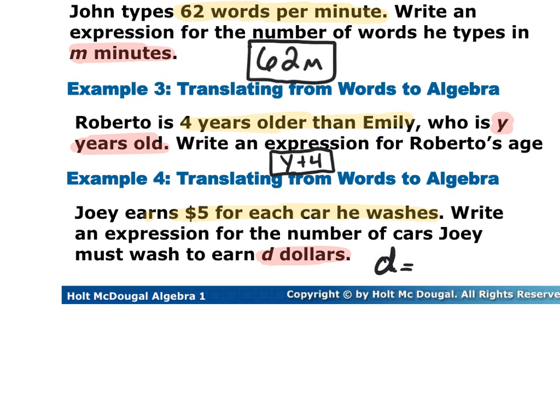Well, we know no matter what, how much money does he get per car? $5, but we don't know how much money he's wanting to make. But we know he gets $5 per car. Do we know how many cars he washes? No. So I'm going to call that C. So to figure out the number of D dollars he earns, D is equal to 5 times C, where C is equal to the number of cars.